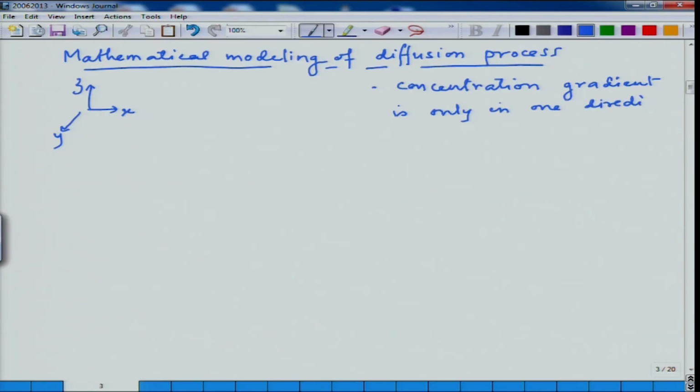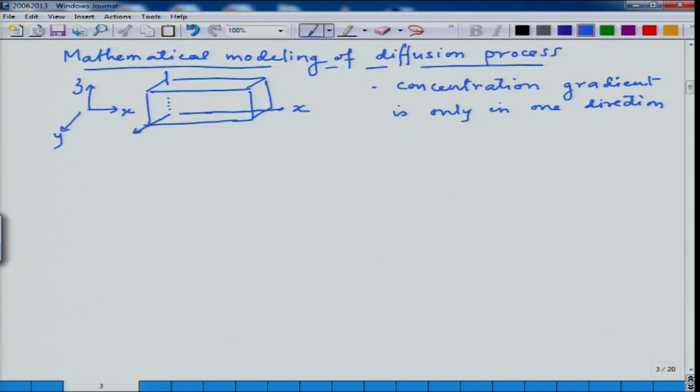So, it makes the problem one dimensional, which means if the material is a semiconducting material with 3 dimensions, it is only along the x direction that we are having a concentration gradient.